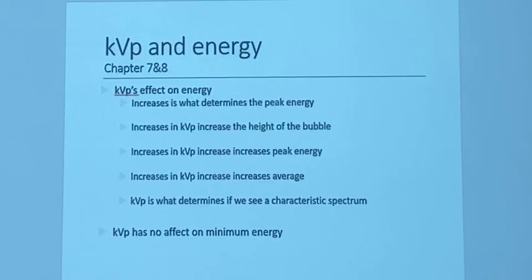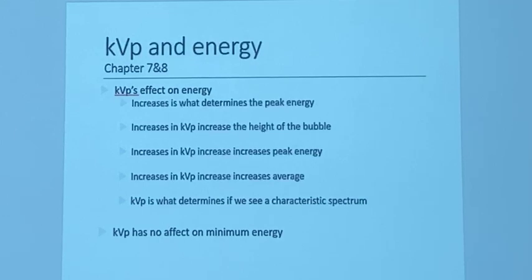All right, so chapters 7 and 8 are kind of lumped together. So what is kVp's effect on energy? Increases in kVp is what determines the peak energy. So you increase your kVp, then your peak energy goes up for the reasons we talked about before. You've got more to lose, and the creation of X-rays is all about loss of kinetic energy.